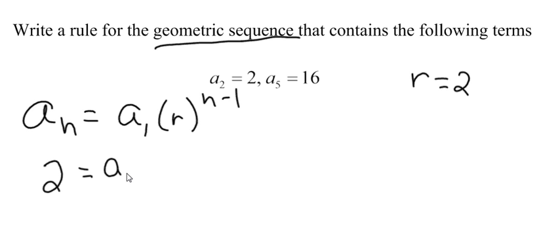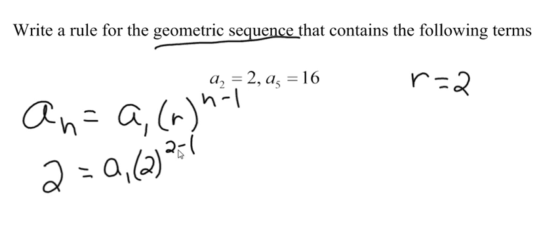Our a sub 1 value, we don't know what that is. Our goal here is to calculate that value. Our common ratio is 2. We calculated that. Our n value is 2. A lot of 2's happening here. Now we have substituted what we know into the variables.